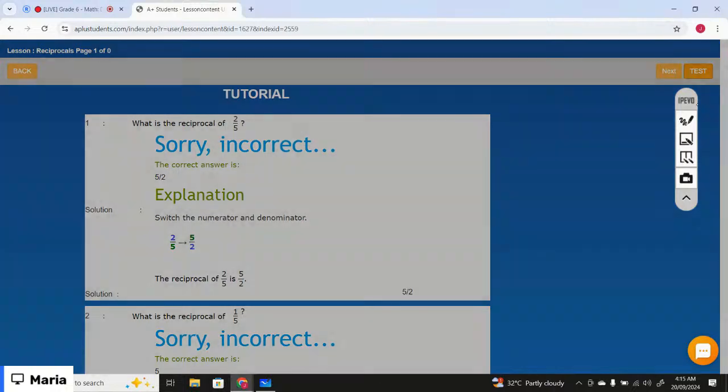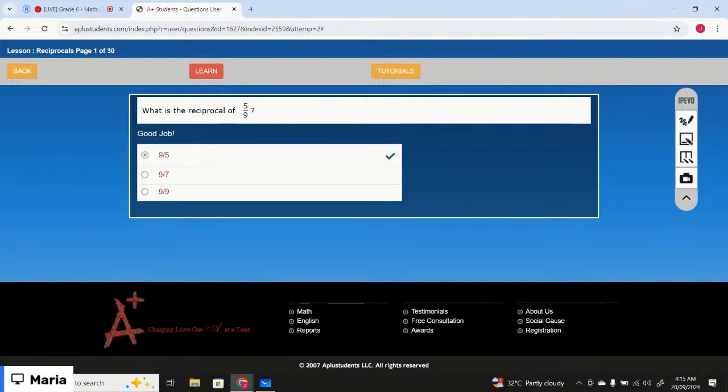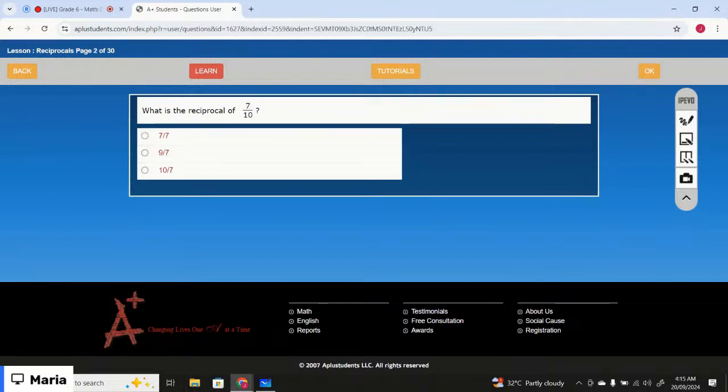Let's just start with the test questions. What is the reciprocal of 5 by 9? Which is the correct option? That is 9 over 5. Option number 1 is the correct option. You simply have to switch numerator and denominator, right? What is the reciprocal of 7 over 10? Which is the correct option?